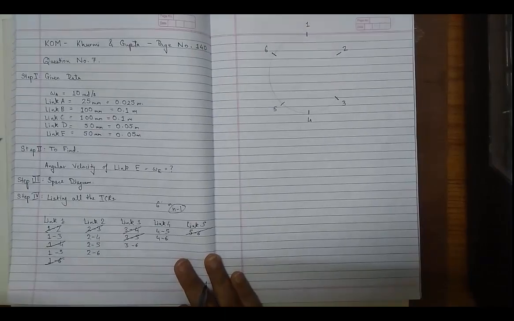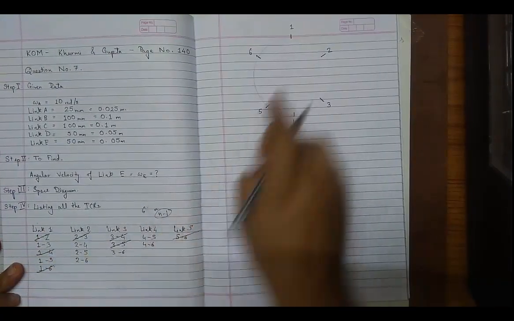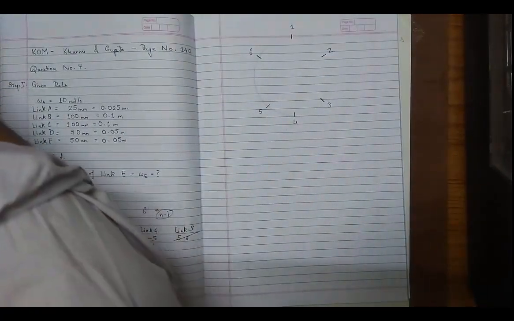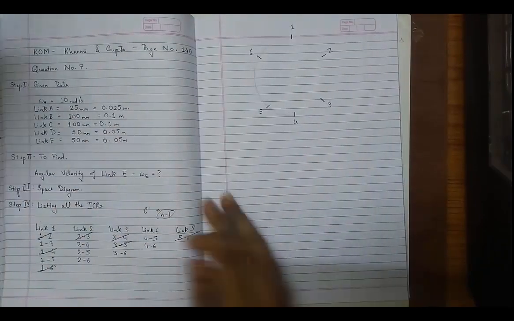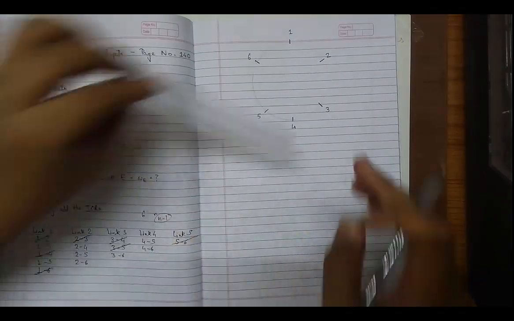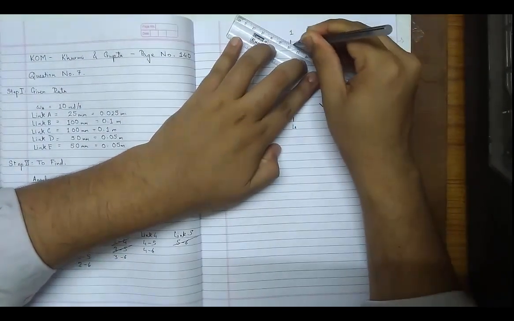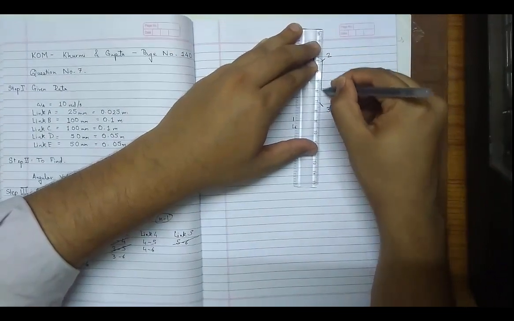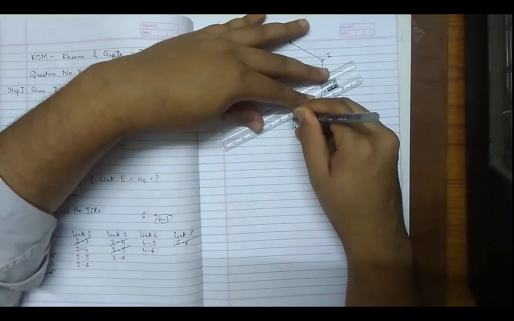As soon as I cut them, the next thing that I have to do, whichever pair I have cut, I have to mark it on the circle. In this case I will use a pen, in your case use a pencil. I have cut 1 2, so I will mark 1 2. I have cut 2 3, I will mark 2 3. I have cut 3 4, I will mark 3 4.